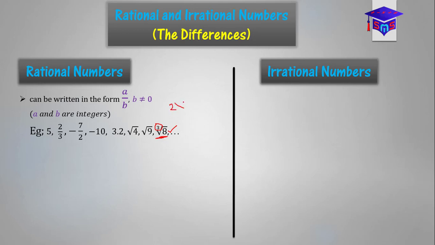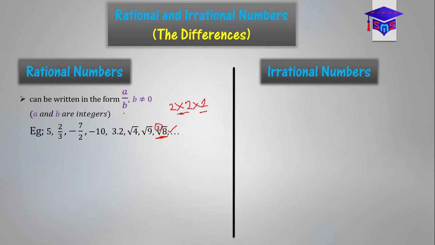If you multiply 2 by 2 times 2, 2 by 2 will give you 4, and then 4 by 2 will give you 8. And so the number that can be multiplied by itself 3 times to get 8 is 2. And so the cube root of 8 is equal to 2. And 2 can be written in the form a over b, and so cube root of 8 is also a rational number.